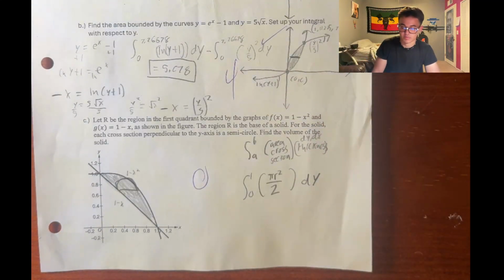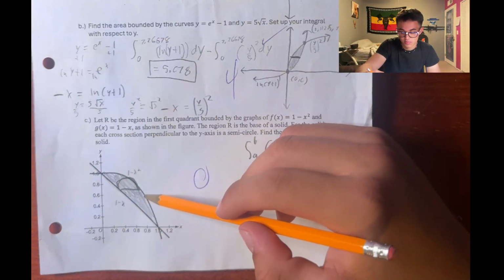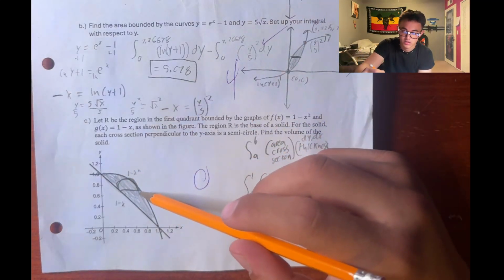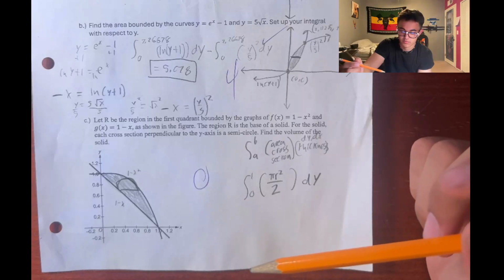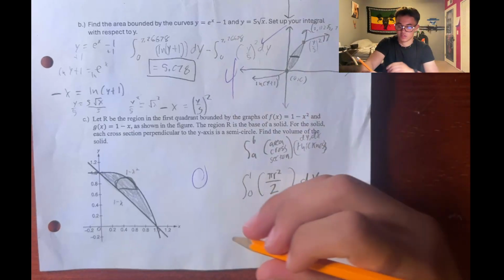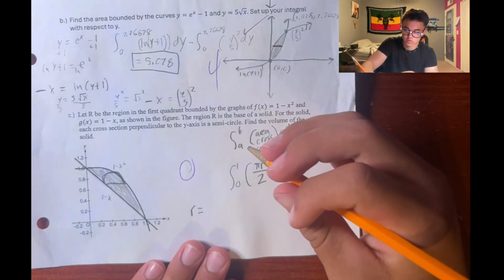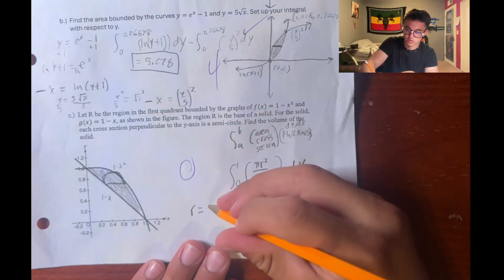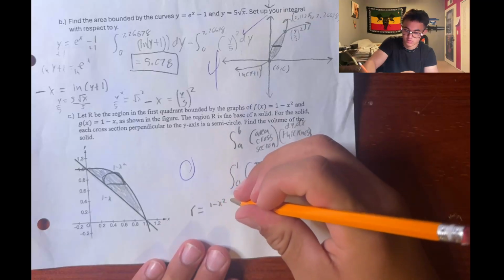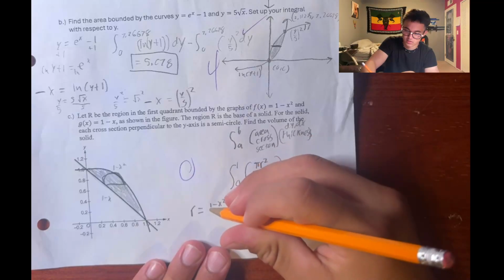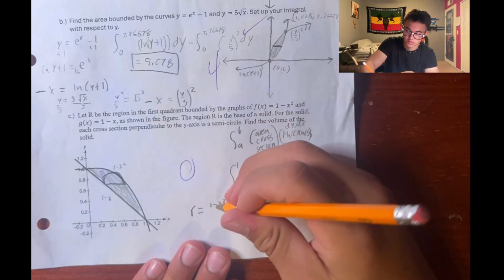Now, the thing about this problem that we have to find is what r is. And once again, r is going to be the right curve minus the left curve, since it's a dy problem, divided by 2. So r is equal to 1 minus x squared minus 1 minus x, which would give you the diameter.